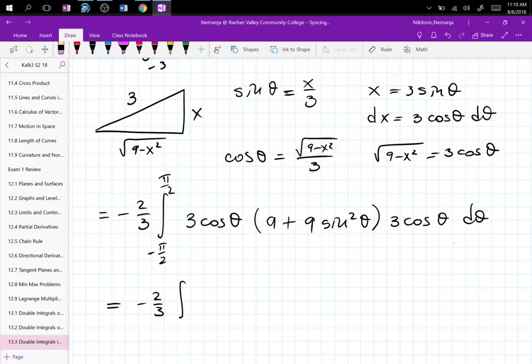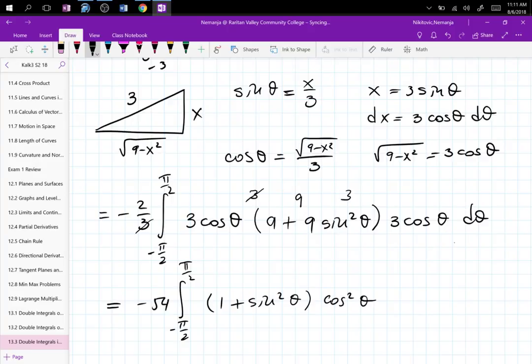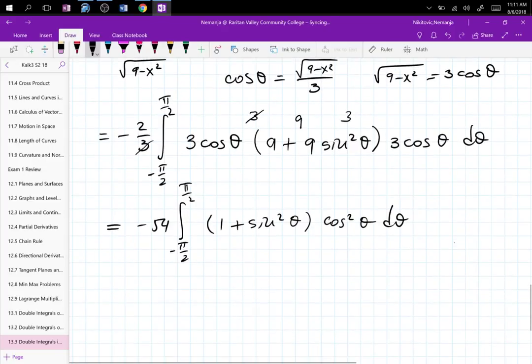We can factor out 9. We have a 3 and another 3, one 3 will die. That's 54, so -54 over here, negative pi over 2 to pi over 2. We have, in parentheses, 1 plus sine squared theta, times cosine squared theta d theta.